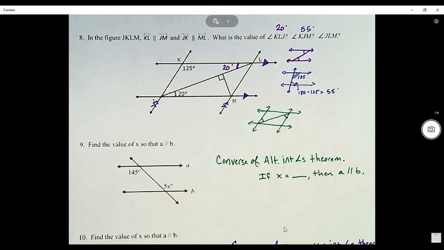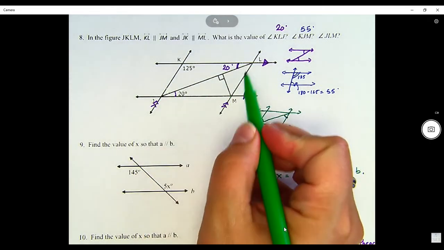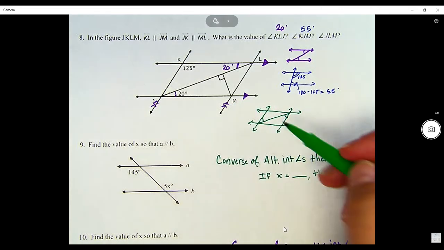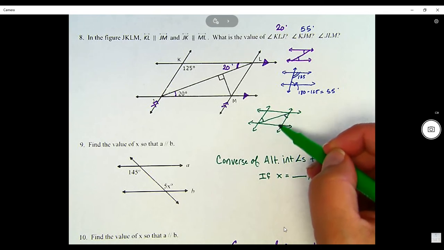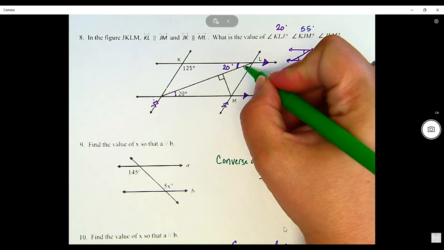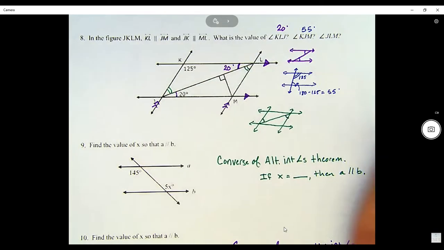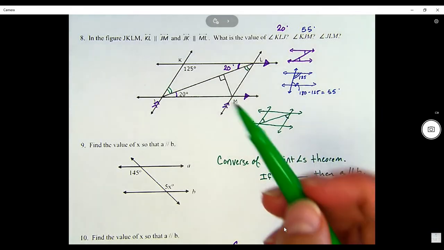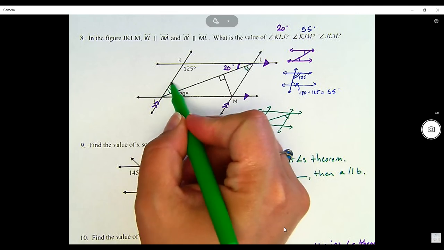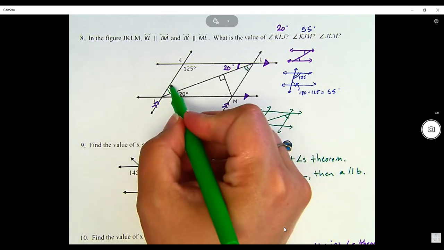Lastly, they asked us to find angle JLM. Now, angle JLM goes from here to there and then there. There are just so many lines on this picture that it's kind of confusing, and I redrew it, but I still think I have maybe a few too many angles. It's really just this angle here and this angle here. Now, we don't actually have enough information to figure this out, but we did find that the total of this angle, KJM, was 55.